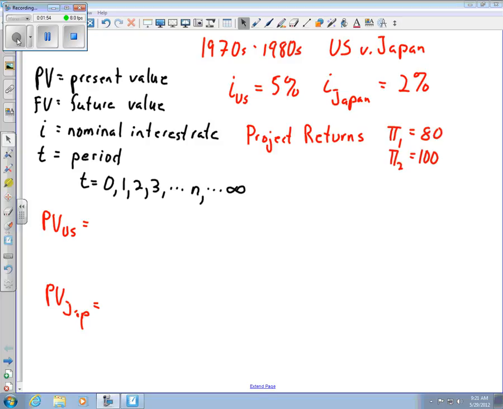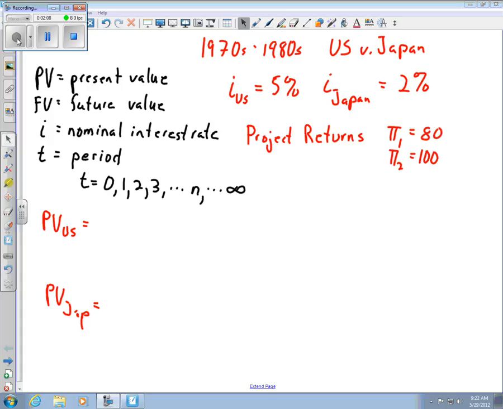The U.S. firm is paying a 5% interest rate on it, so we want to be looking at the present value of these two payments. And the Japanese firms are charged 2% interest, so they're looking at discounting at the 2% rate.